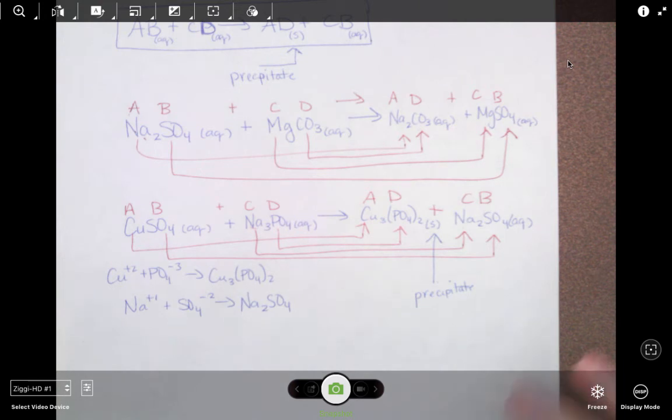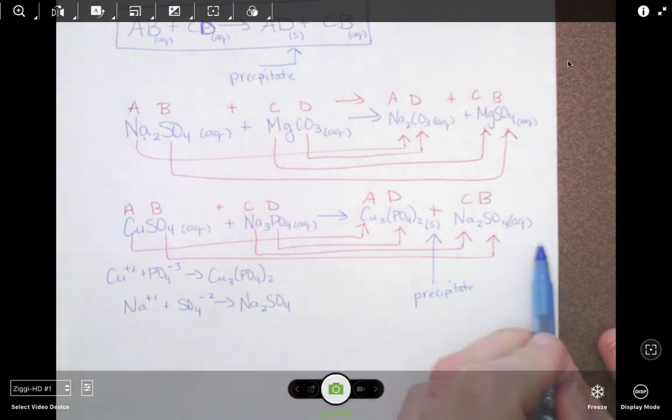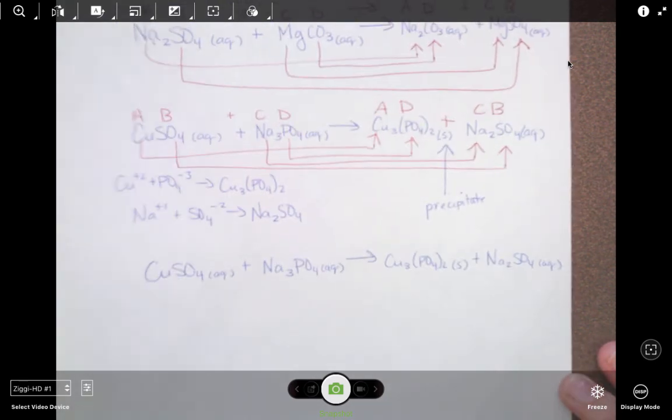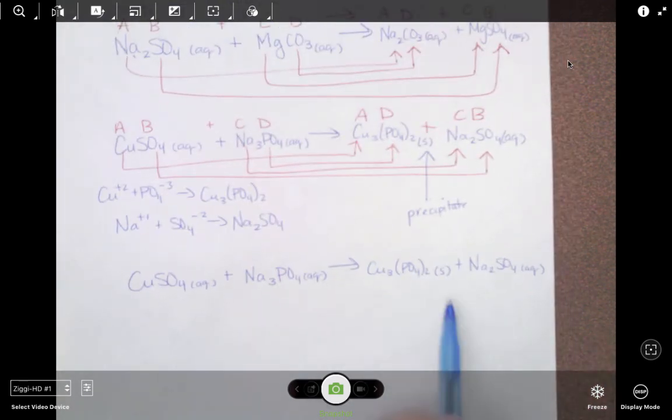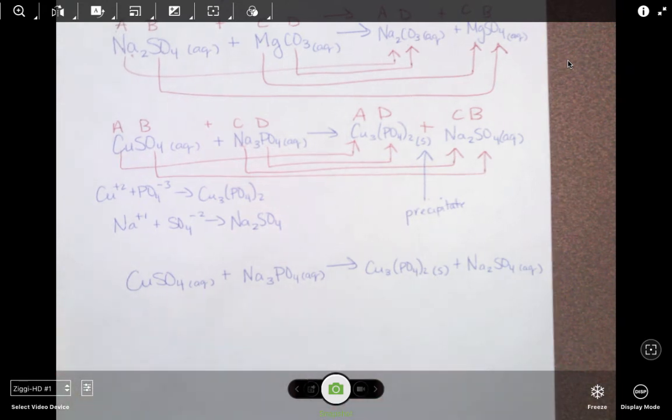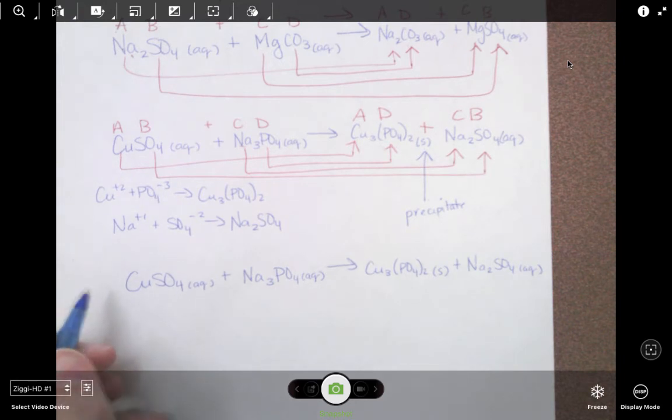All right, so then let's back this up really quick. These equations, particularly the second equation, is not complete. I'm going to rewrite it. This is a double replacement reaction that produces an insoluble precipitate. So I have to make sure that it abides by the law of conservation of matter. So one of the things that we need to do is balance the equation.